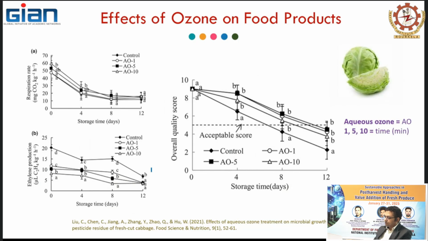At the same time, for acceptability, you can see a little bit of contrasting results. They found acceptability from the appearance side, from the consumer side, when it is kept for 5 minutes. However, the reduction in respiration and ethylene production we get with the higher period. So we need to combine all these outputs when we look at our next research, particularly in that area.